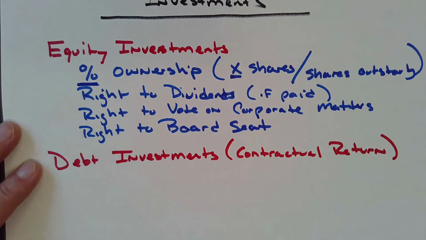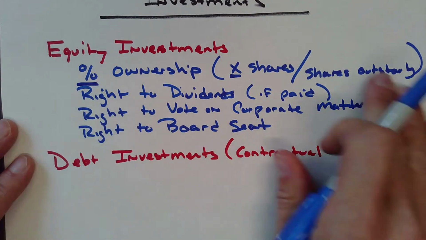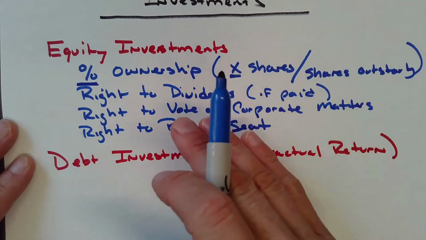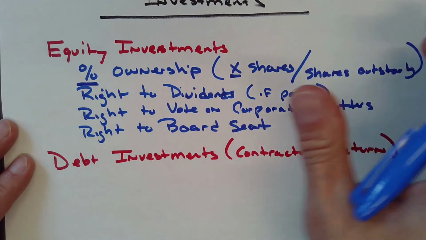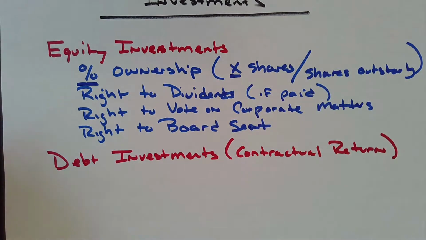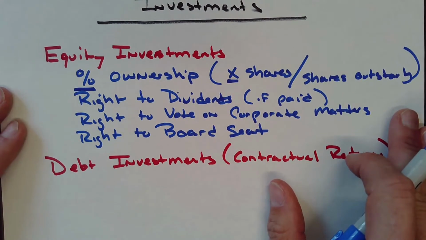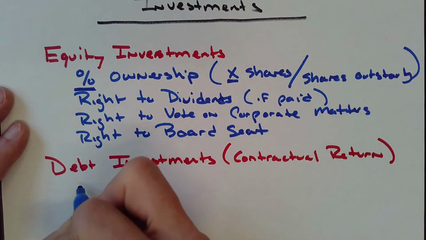Now, with a debt instrument, there are going to be contractual rights, right? With equity, these are rights, but they're contingent upon the other owners also agreeing that these things should happen. With a debt instrument, these are contractual obligations. So there's likely a maturity date.